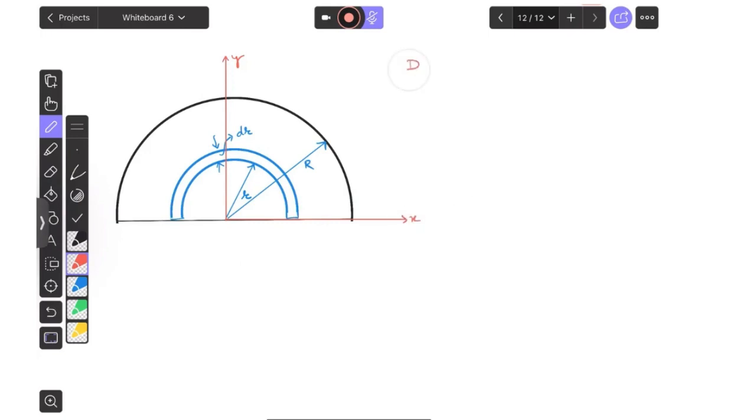So I write down here the differential element that we have: a semicircular disk of mass m and radius r.